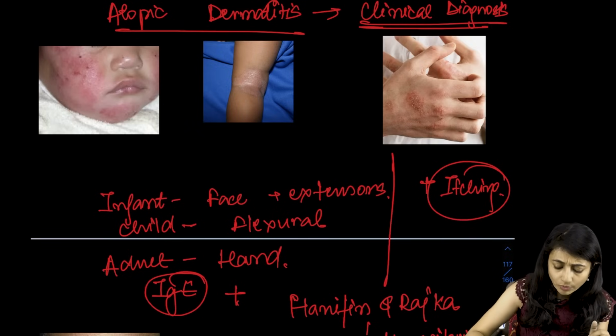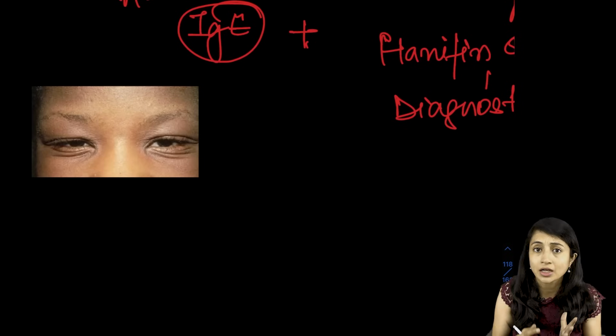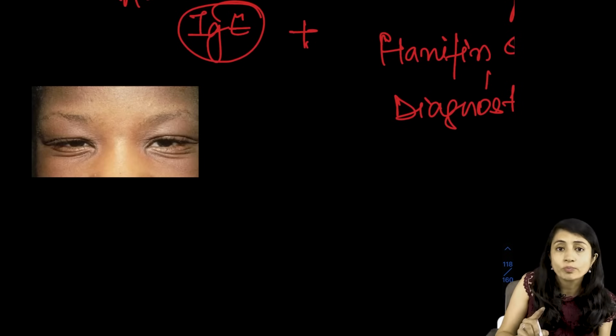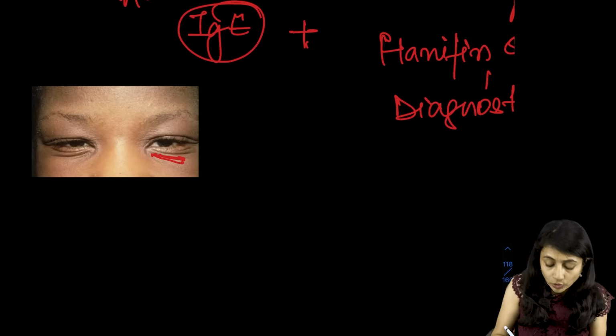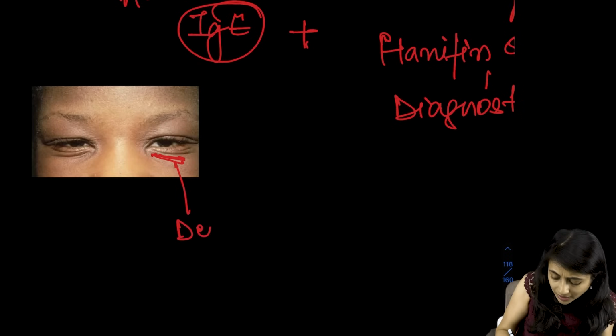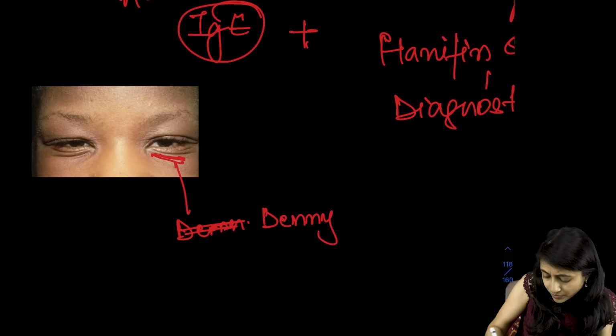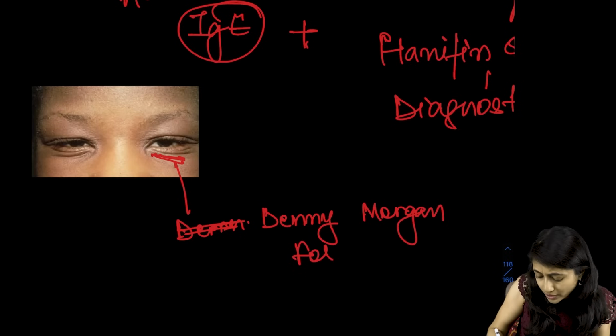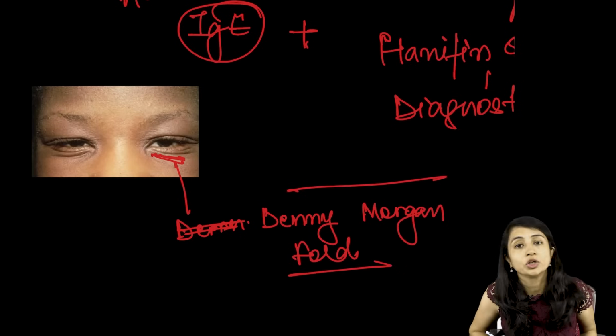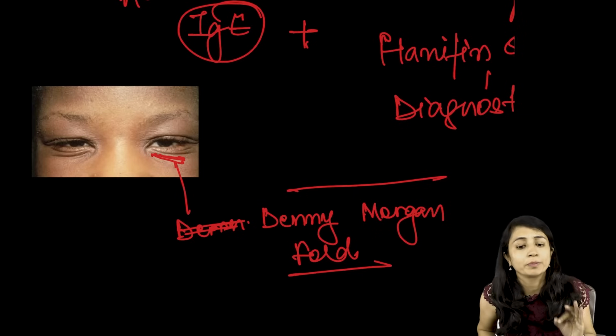The next important pointer is they can give you an image like this and ask you what it is. So atopics have an extra fold of skin below their lower eyelid, which is called the Dennie-Morgan fold. So the Dennie-Morgan fold is an extra fold of skin on the lower eyelid seen in atopic patients.